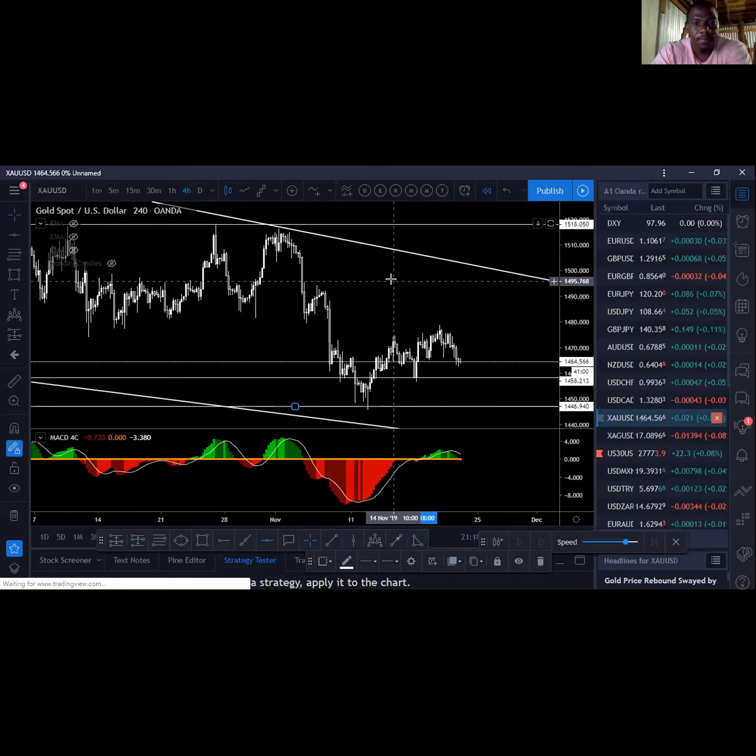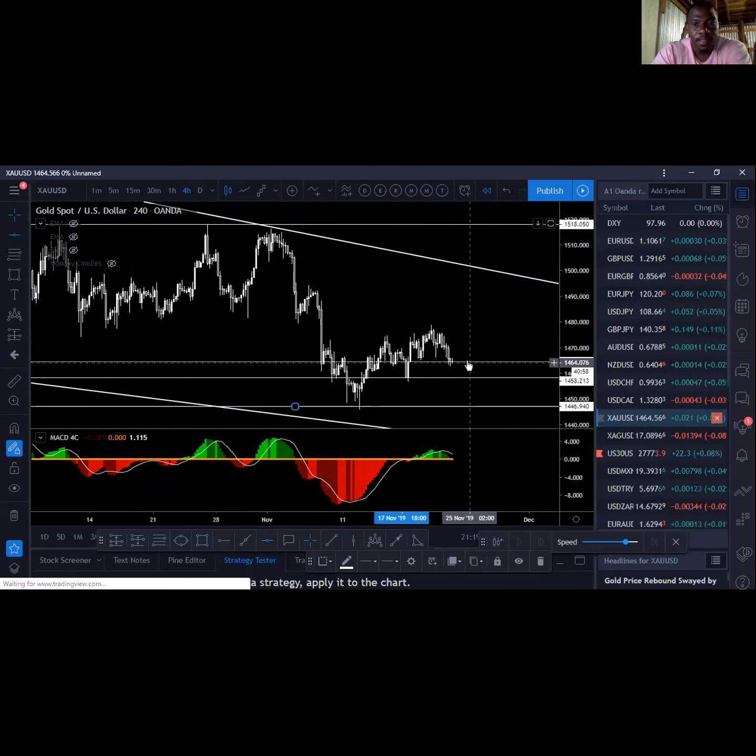So on the 4-hour time frame now, I got my current market here, and price was in a downtrend, and now it started to give me a nice flag. So I could start with my support and resistance levels.